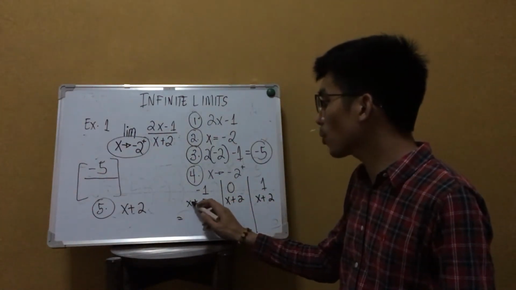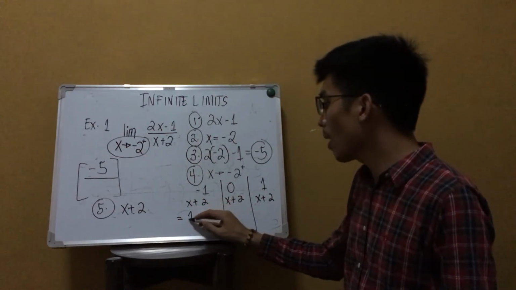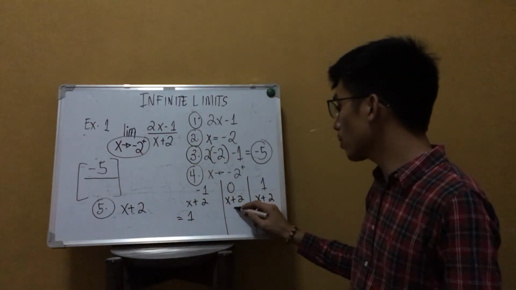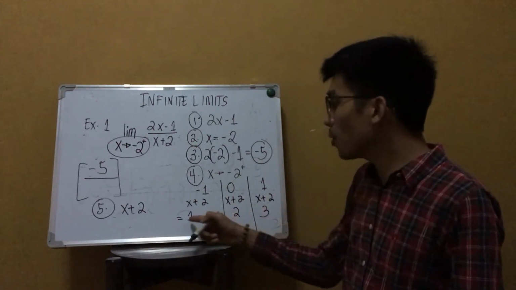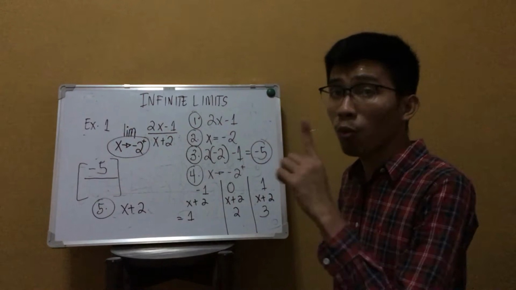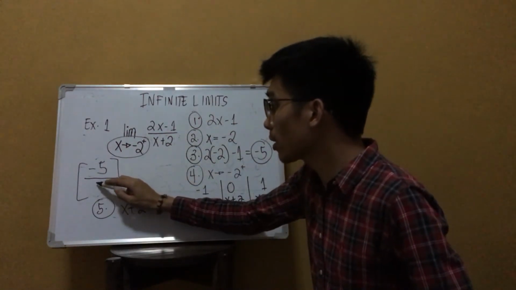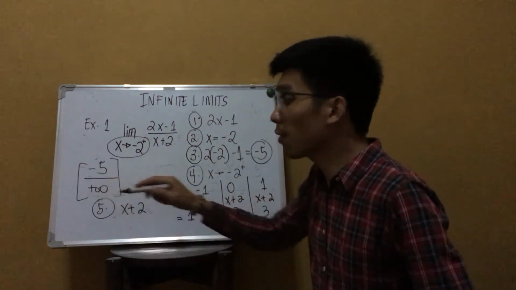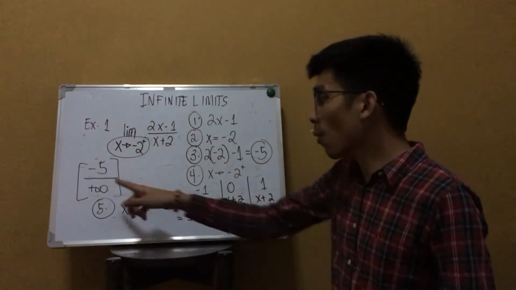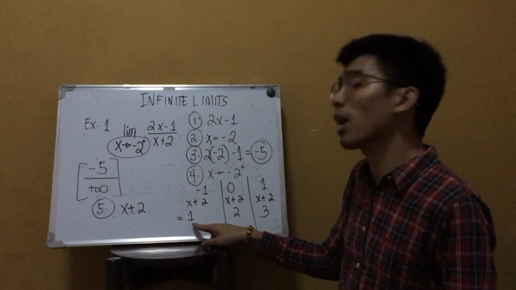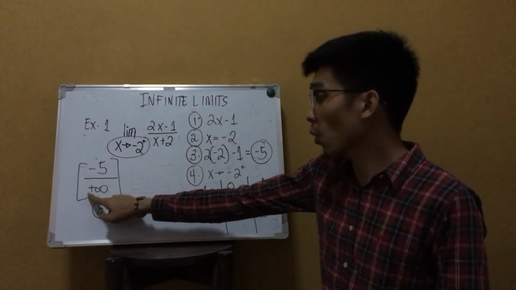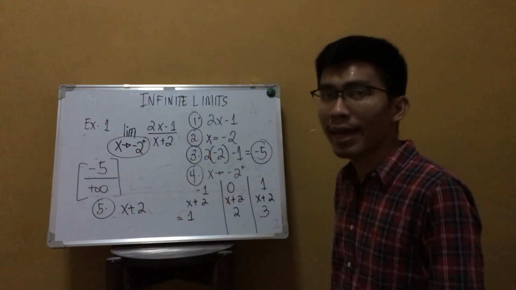So substitute: negative 1 plus 2 is positive 1, 0 plus 2 is 2, 1 plus 2 is 3. And obviously, our results are all positive. What you are going to do right here is write positive infinite. Again, why did we come up with positive infinite? Because the results for our step number 5 are all positive. So you write there positive infinite.